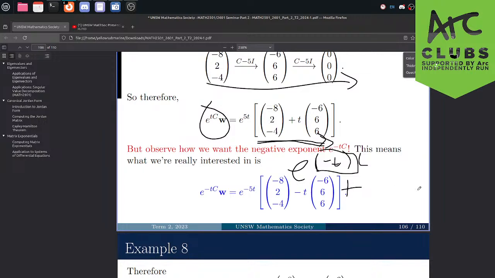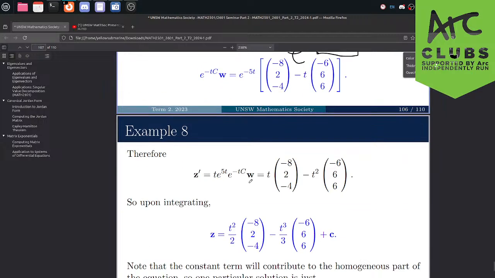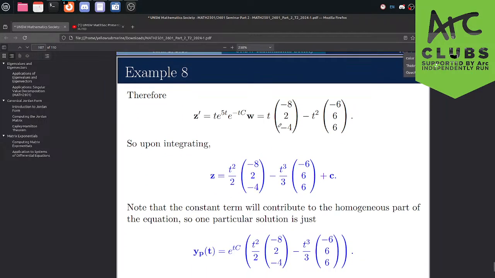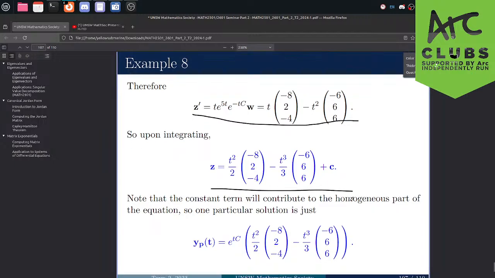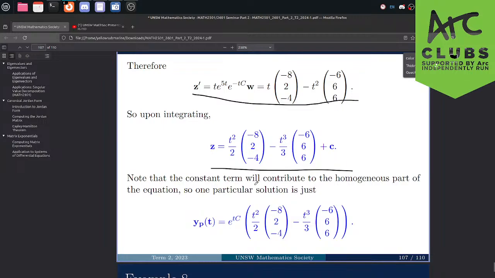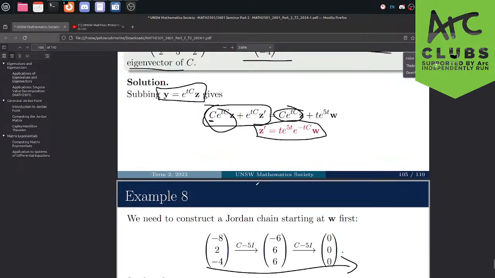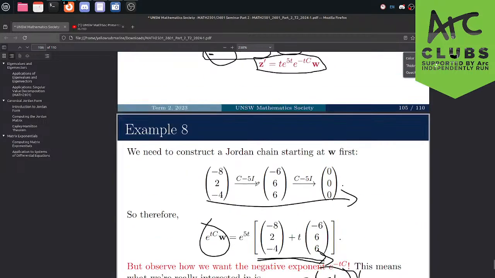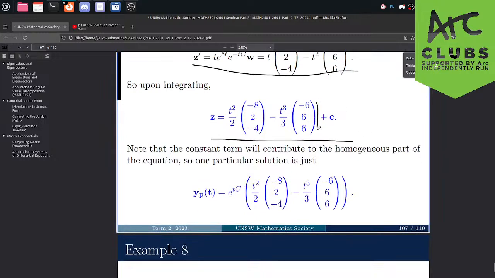And then you take e to the negative 5t up here. Okay, cool. We're in the home stretch because we have an expression for z prime, and we can integrate to get z, right? So note that for just the particular solution, which is what the question asked us, this term here will contribute to the homogeneous part. I'll show this in the expansion, but this part here is really the particular solution.